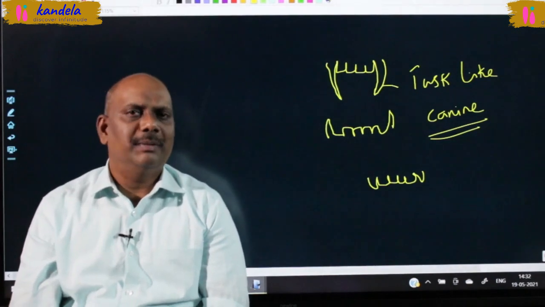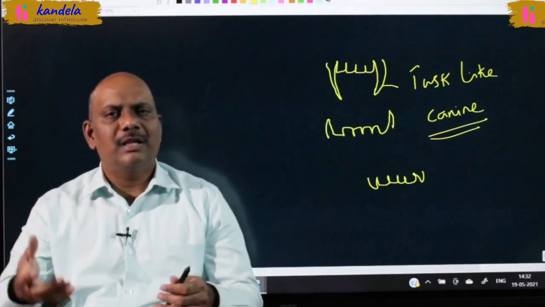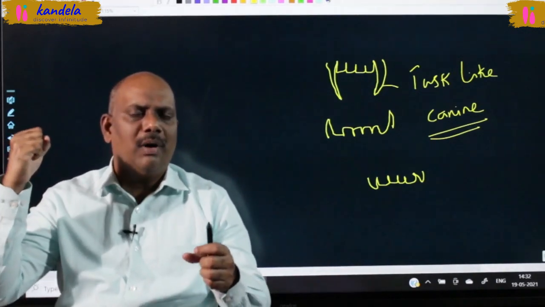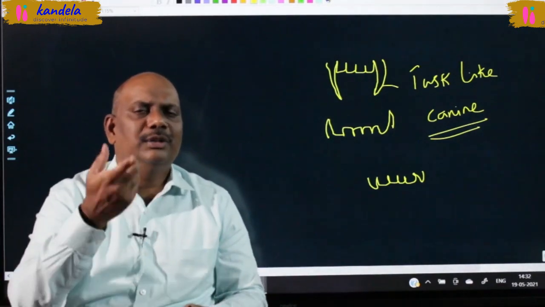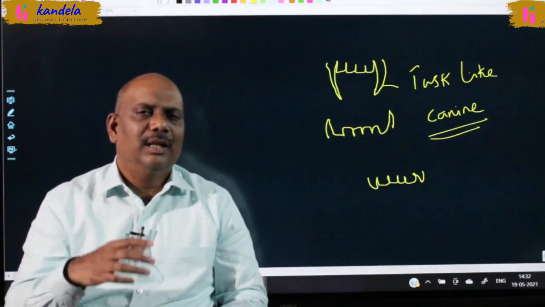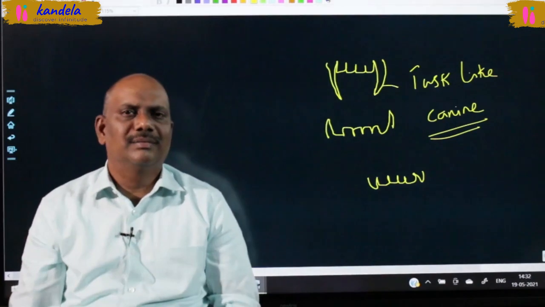But now for Australopithecus, its hand has become free. It can take a stone, it can make a sharp object from a bamboo and it can use that for hunting. There is no need to use its mouth for hunting now. As a result, the use of canines also declined and canines became very small.